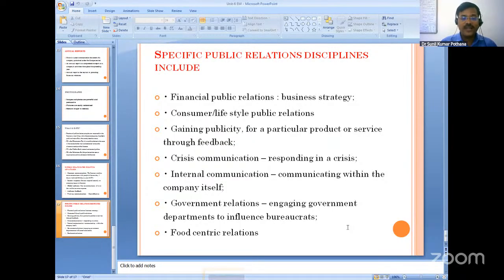Another one is government relations, engaging with government departments, government officials, and also public representatives to influence bureaucrats. So it is also part of public relations practice.